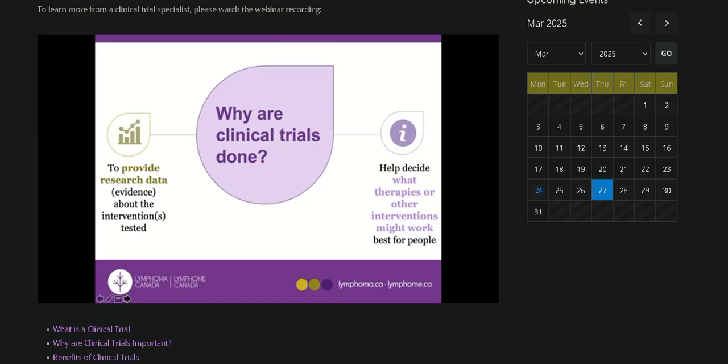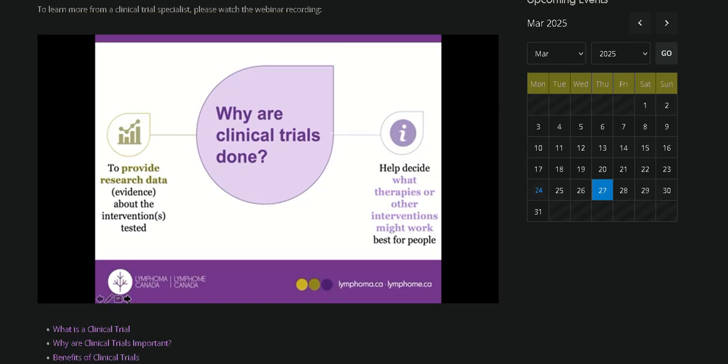It might be Health Canada, which is our regulator in Canada, that decides based on the data if the treatment or therapy is actually safe to be used in people, or if it actually does what it's supposed to do, so if it's got efficacy.